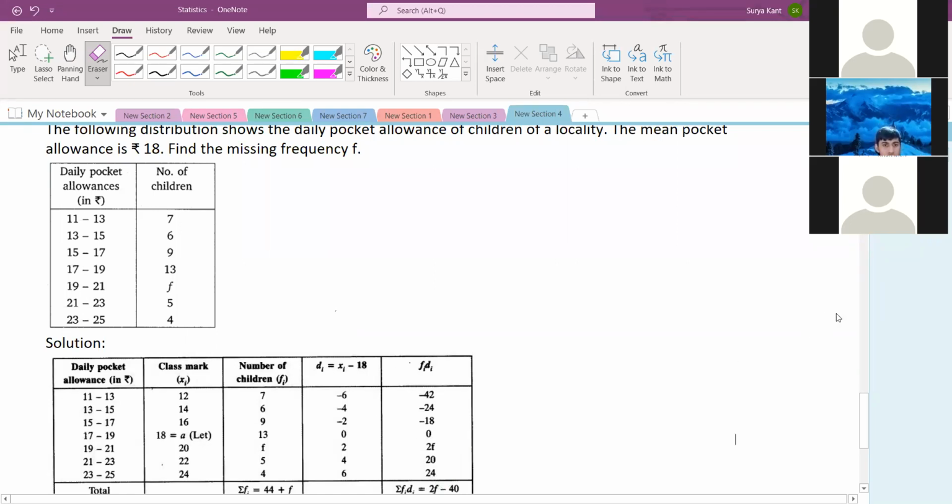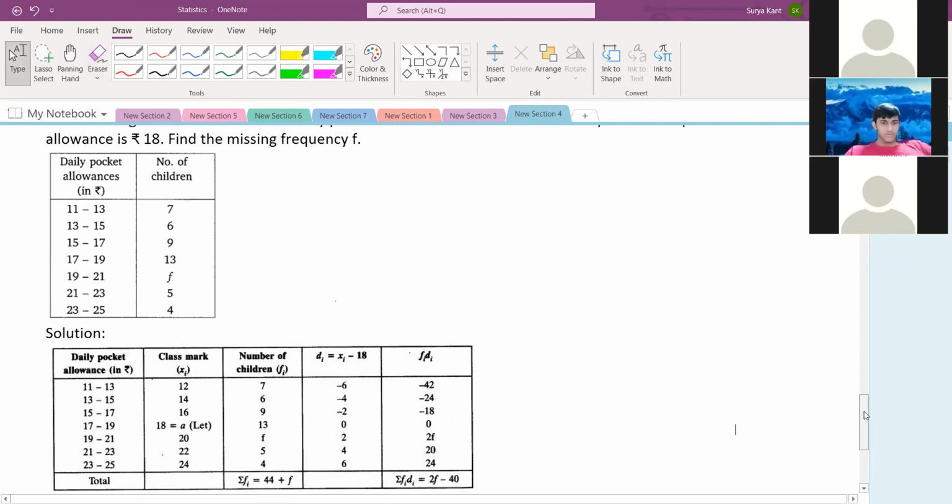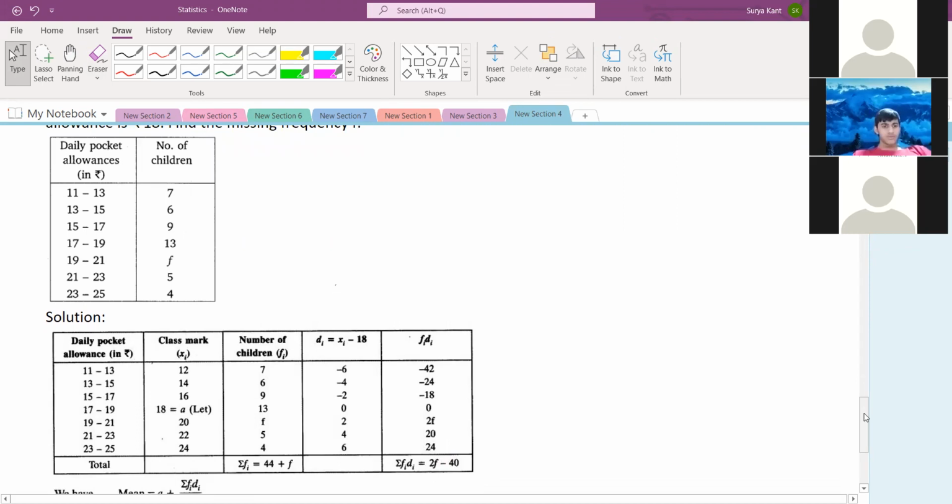This question is mentioned here, one question we have to do. The question is like this only. This is a question based on the assumed mean method. This method is known as the assumed mean method.